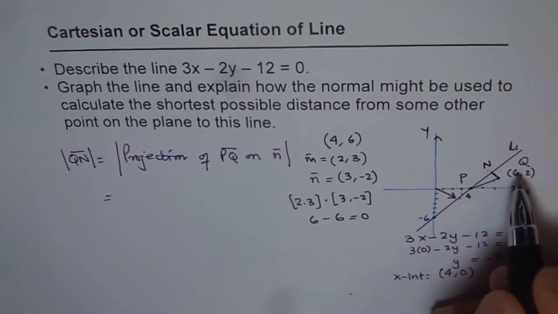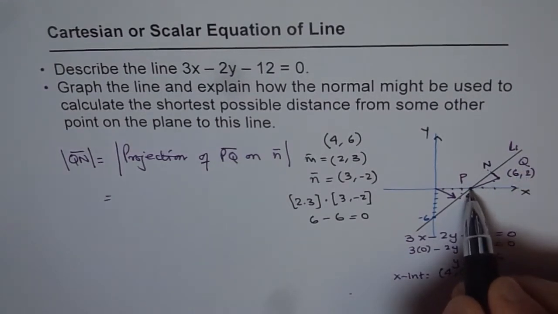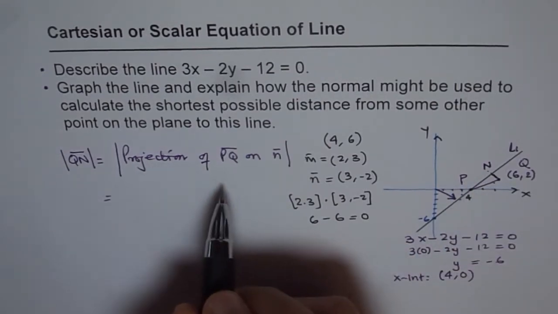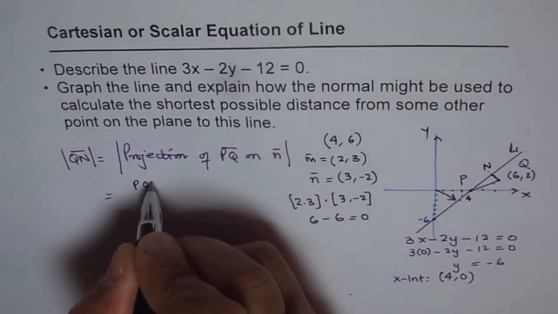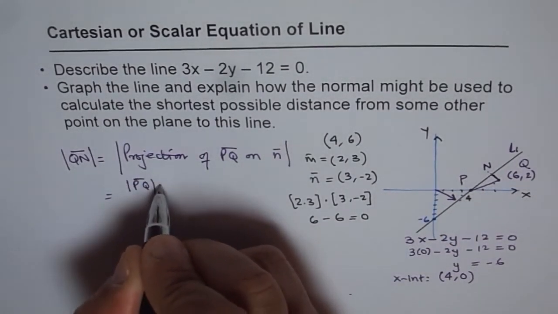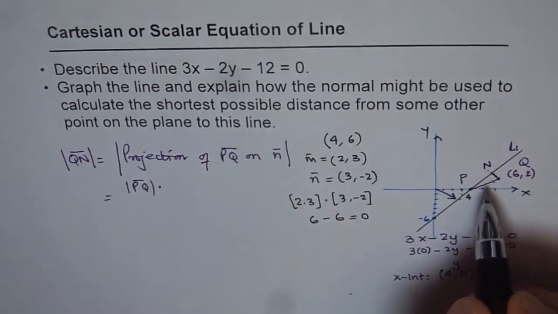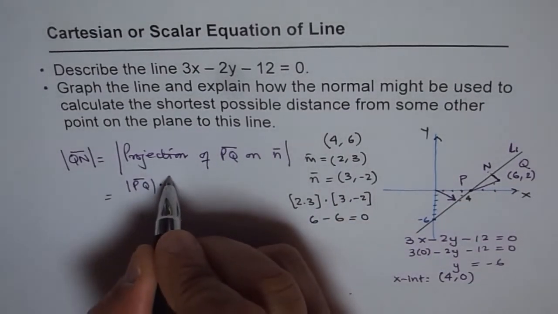So the point is Q (6, 2) and we have taken (0, 4) as P. So the projection is actually the magnitude of PQ dot the direction vector, the normal direction vector, which is (3, -2).